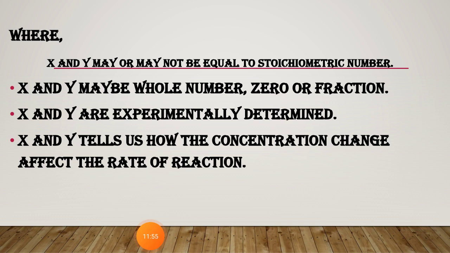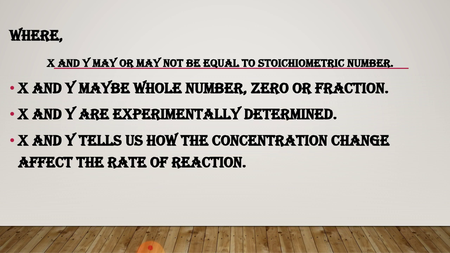So here, student, a question arises. What is X and what is Y? From where are X and Y coming? Here X and Y may or may not be equal to the stoichiometric number. In average rate of reaction and instantaneous rate of reaction, we write the stoichiometric number.